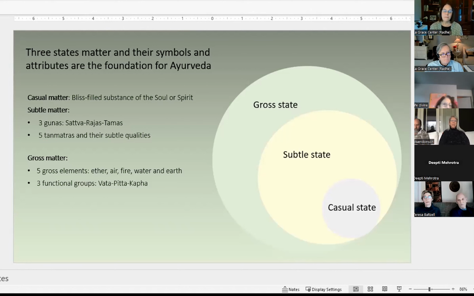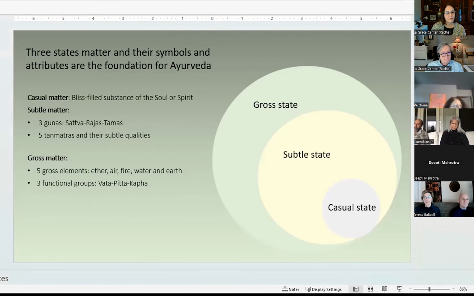Everything in the manifest universe is birthed out of this substance. And this is why Ayurveda also maintains that there is this oneness that supports the universe, this oneness that creates this causal substance, and that oneness supports the unity in the world.